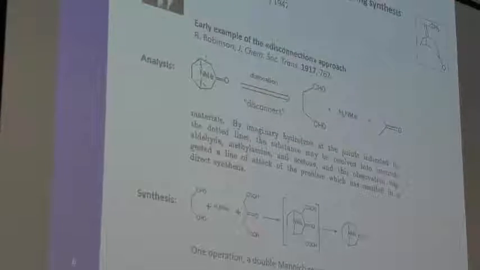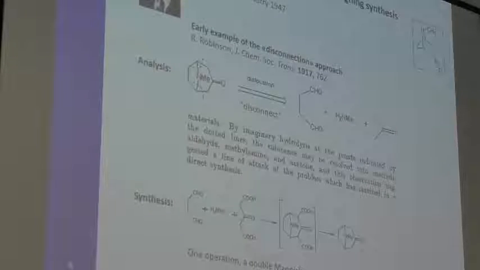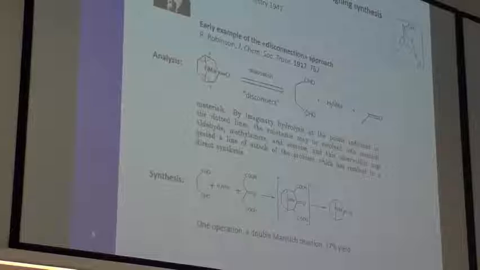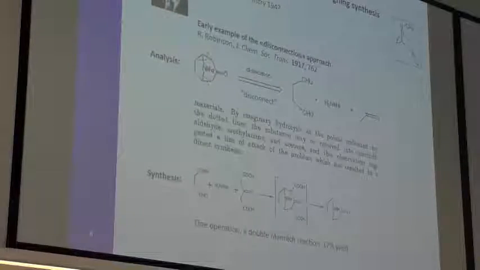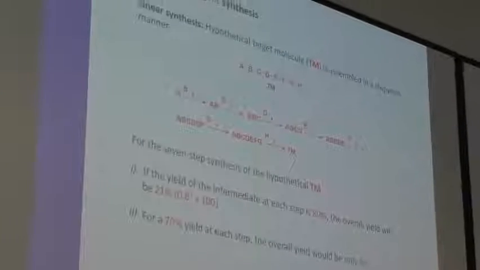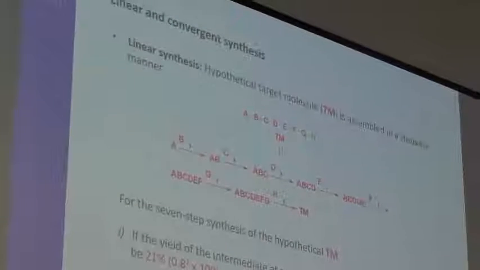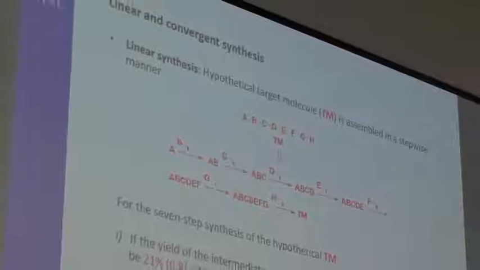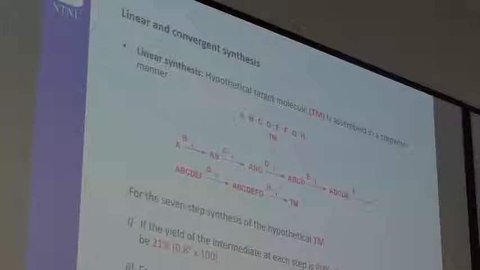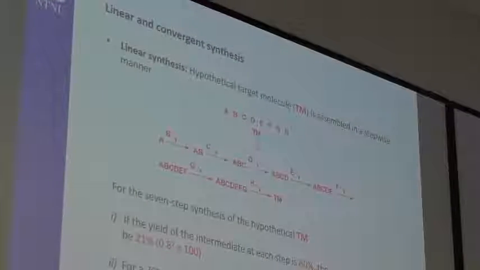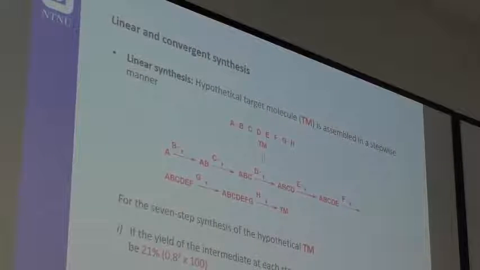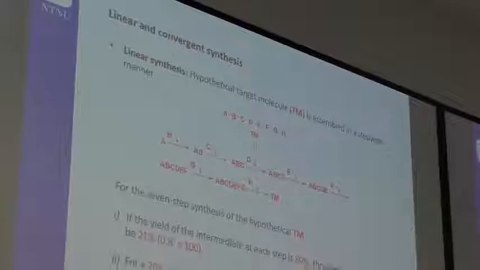Before I start to talk more about retrosynthetic analysis, I will first introduce the concepts of linear and convergent synthesis. In a linear synthesis, the starting materials are linked sequentially. If the number of steps is high, the overall yield will be low, even if each step gives a high yield.